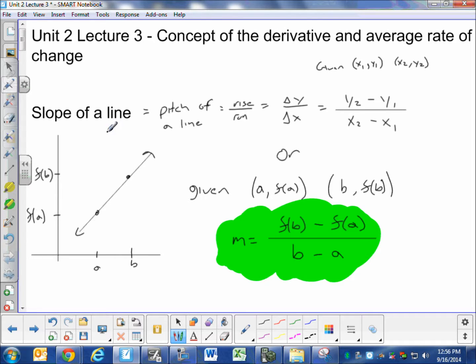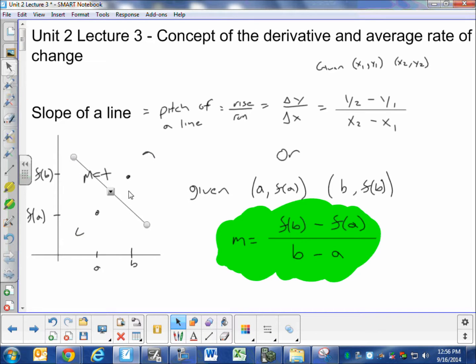Of course, we should know that if we're rising from left to right, we call this slope positive. If we have a situation where we are going down from left to right, slope is negative. And if we have a situation where we are flat, what is that slope?